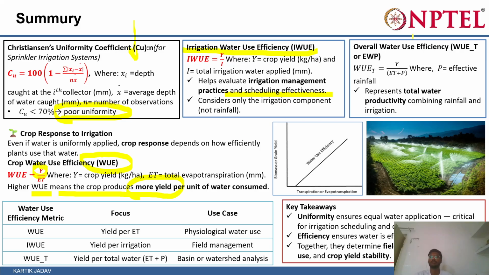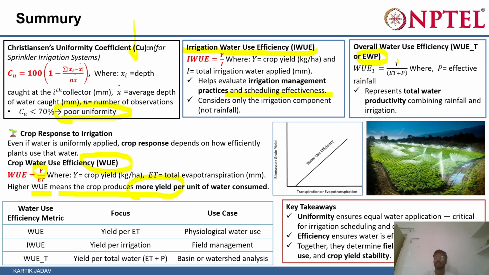Finally, you have overall water use efficiency, also called EWP, which is given by yield divided by effective rainfall plus evapotranspiration. It represents the total water productivity combining rainfall and irrigation.